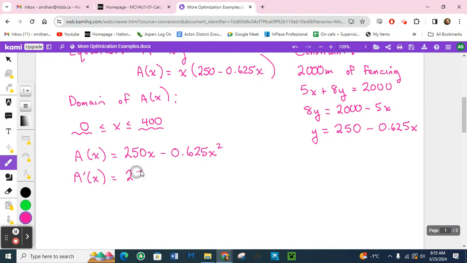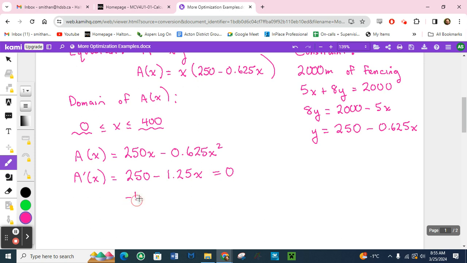What is it? 250 minus 2 times 0.625, which is 1.25, times x. And we set that to 0 because we know that the maximum occurs at either the critical points or the endpoints. Endpoints are kind of silly here. So really, we just need to find the value of x that makes this derivative 0.